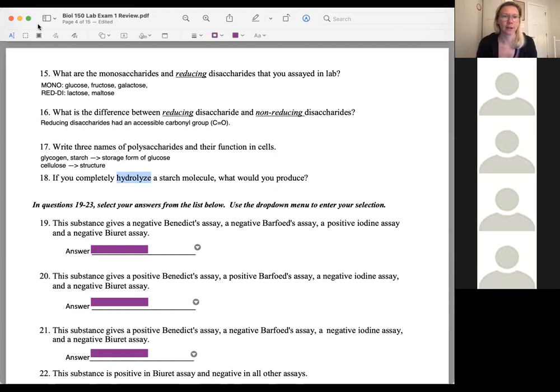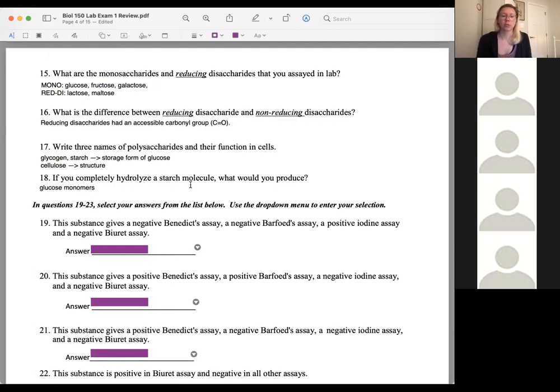What would you get if you just broke apart the starch molecule? Glucose. Yeah, just a whole bunch of glucose. Why is that the case? Because that's what starch is made of.